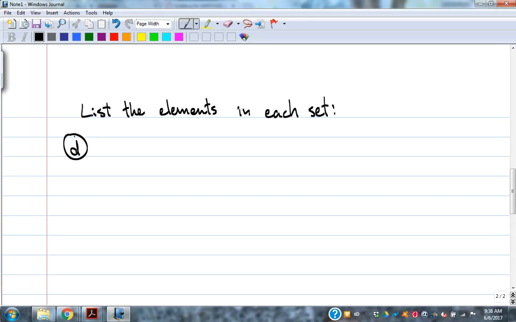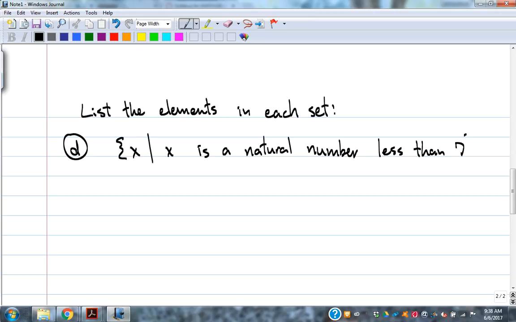So in this example, they've got this set. They call it X. They're just saying it's a variable, and it's that X is a natural number less than 7. Okay. X is a natural number less than 7.